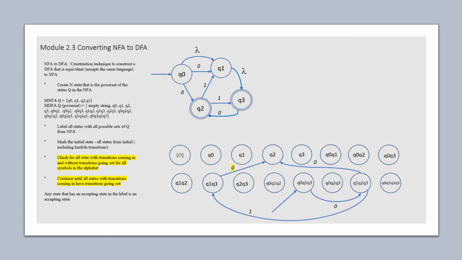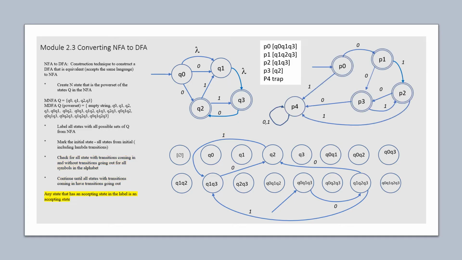And from Q2 with a 1, you can get to Q1, Q3. So now, since Q1, Q3, and Q2 go back to each other, I believe we have now continued with all the transitions coming in. We have defined all the transitions going out except for the ones that are not defined.